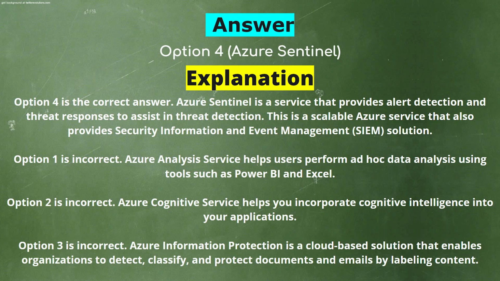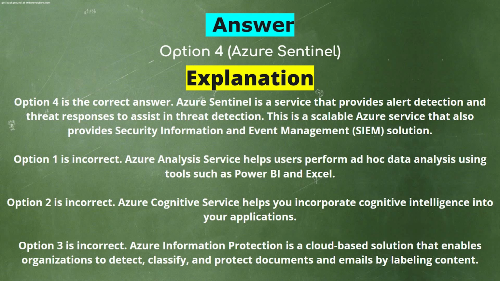Azure Sentinel is a service that provides alert detection and threat responses to assist in threat detection. This is a scalable Azure service that also provides a security information and event management (SIEM) solution. Option 1 is incorrect. Azure Analysis Service helps users perform ad hoc data analysis using tools such as Power BI and Excel.